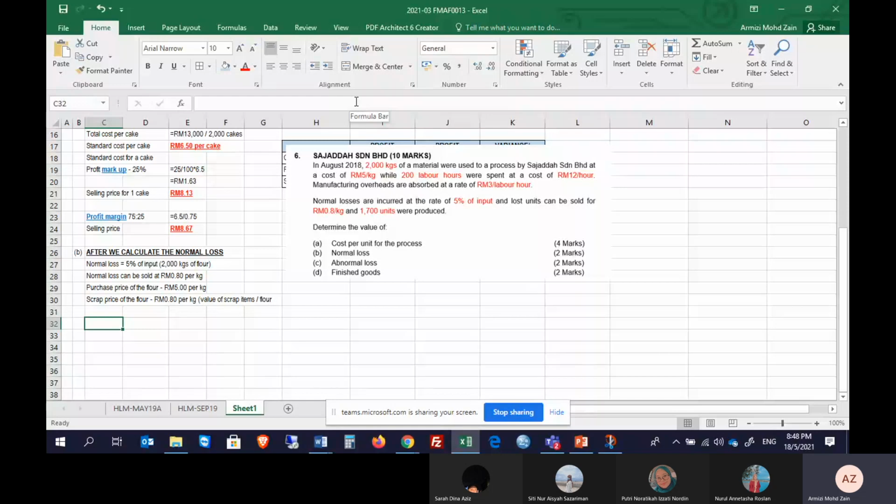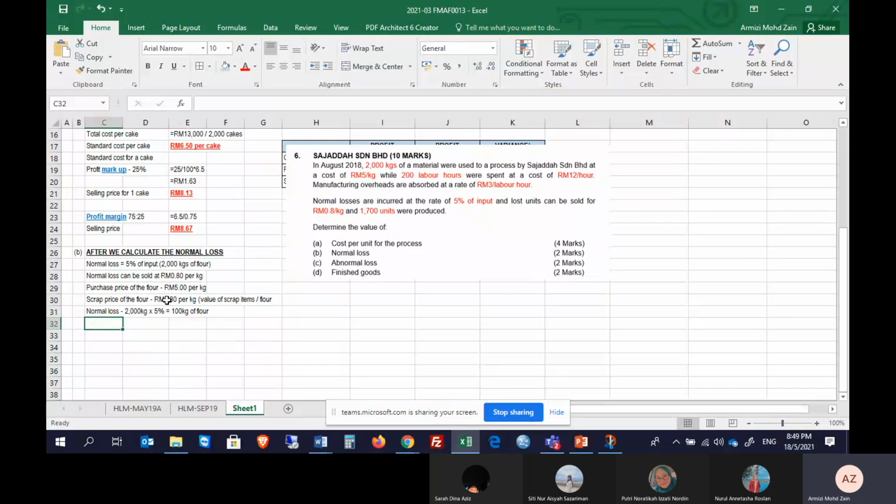Okay, so 5% of normal loss. So normal loss dia ialah 200 kg. Okay, 200 kgs darab dengan 5% equal to 100 kgs of flour. 100 kg. Ni kita tak belajar grammar, so you letak 100 kg pun boleh. 100 kilo. Okay, so 100 kilo flour ni rosak.